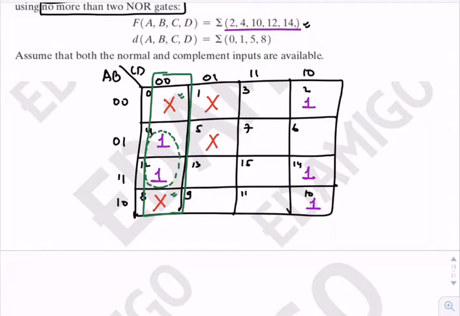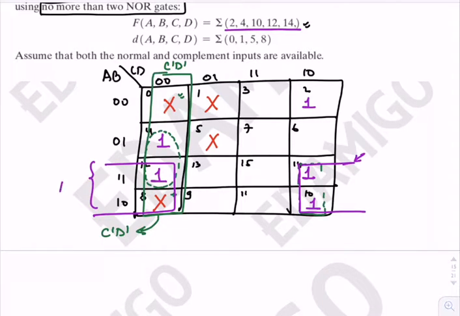So here we can see that the term will be C bar D bar, so this will give me C bar D bar. Similarly, these two ones will form two adjacent squares, but since we can extend and use the don't care conditions, we can extend these to a group of 4 squares, and this will give me a term.